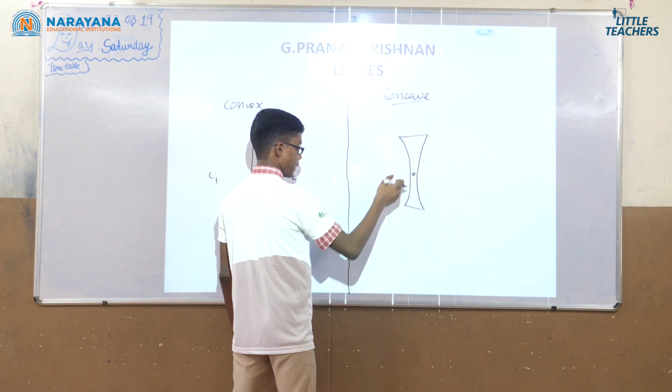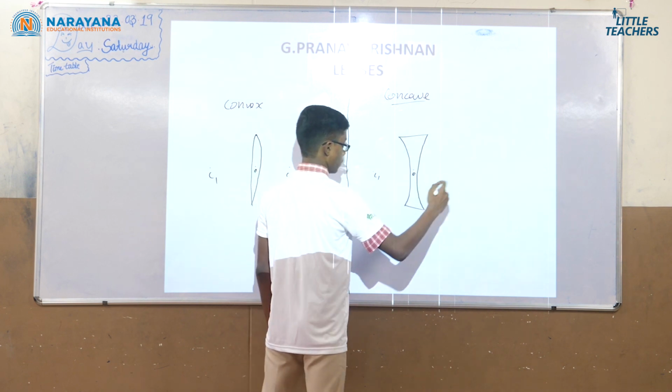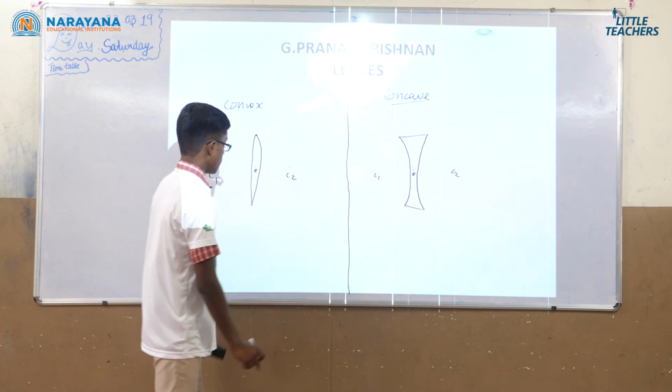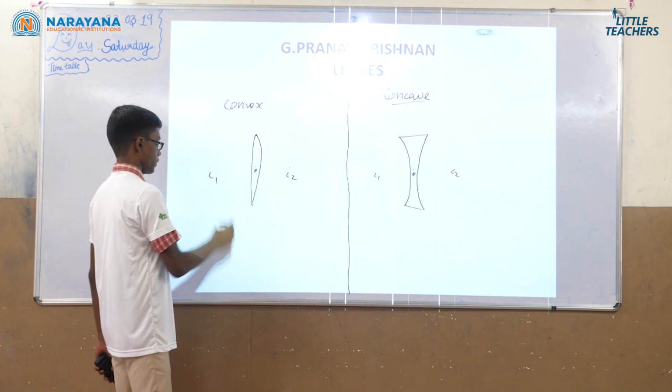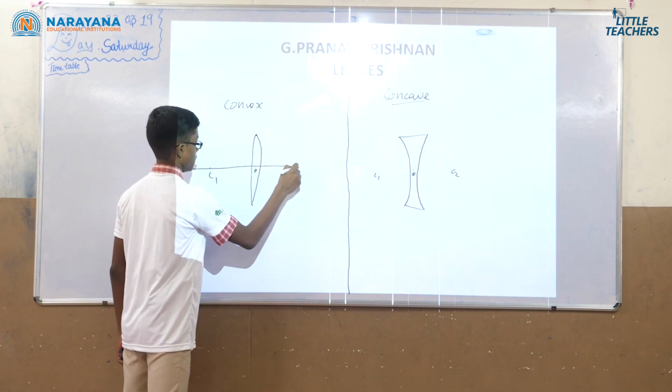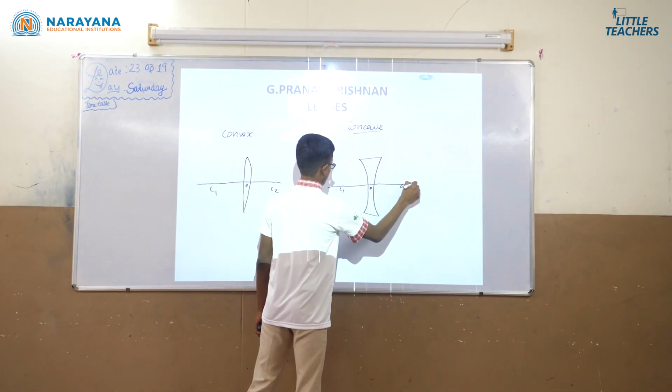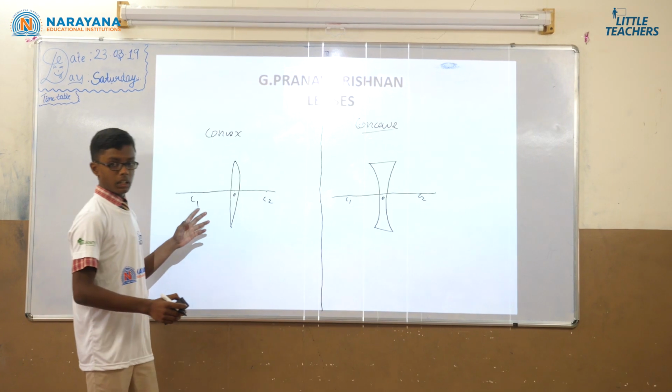Again C1 for this spherical surface, C2 for this spherical surface. Consider an imaginary line passing through C1, O and C2, and again C1, O and C2. This imaginary line is called the principal axis.